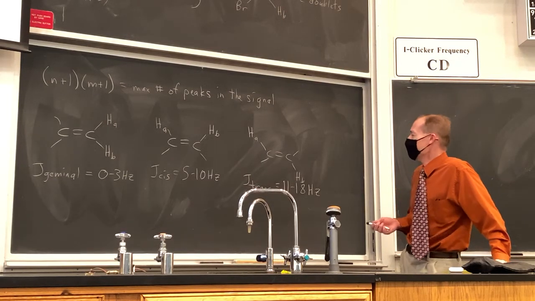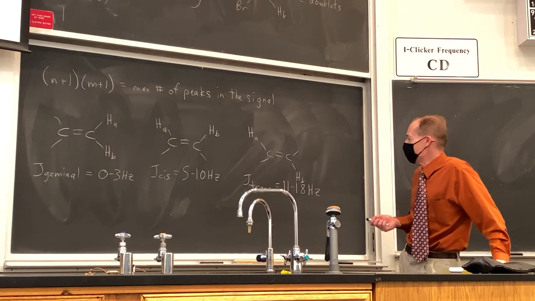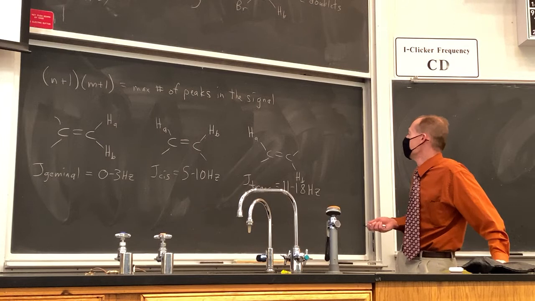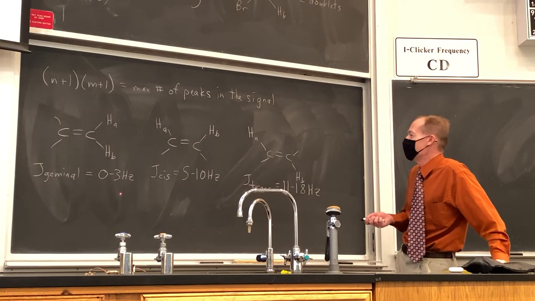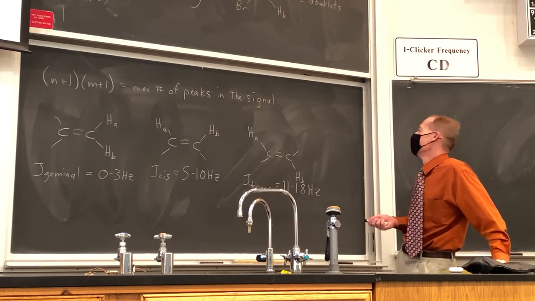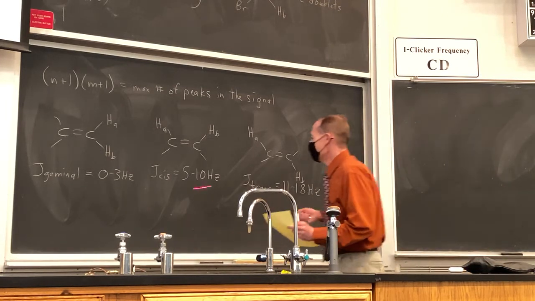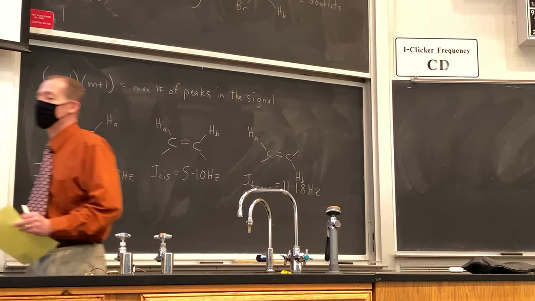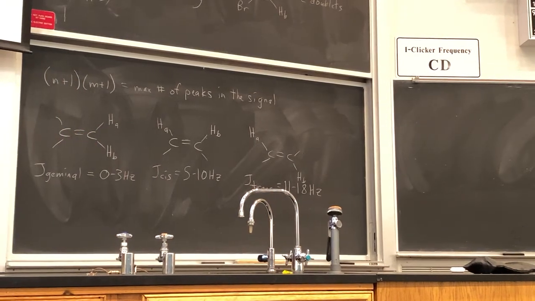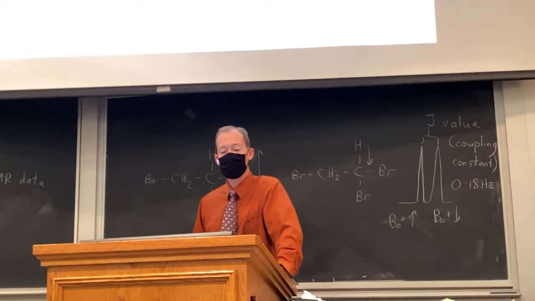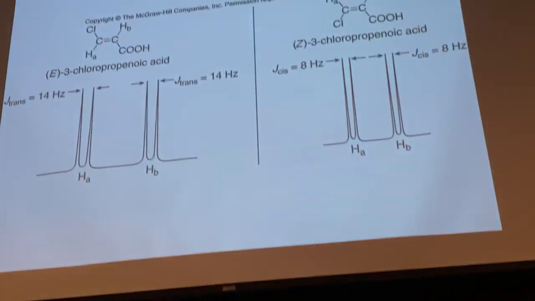But for now, we'll just say that the coupling constant is related to the dihedral angles, which are different in these cases. Here you don't really have a dihedral angle because these are on the same carbon. But you have those different relationships between those nuclei in space, leading to different values of the coupling constants, or J values.